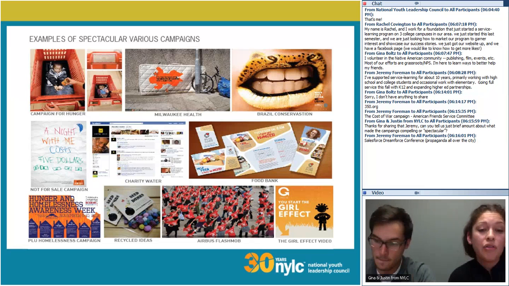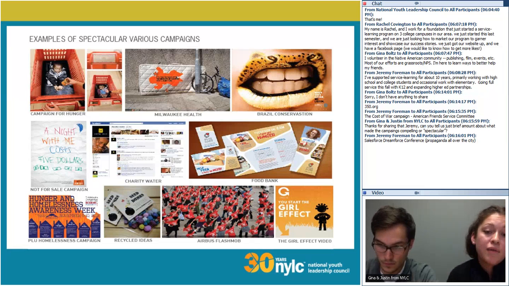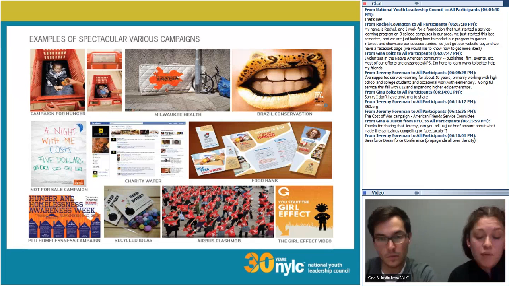Milwaukee Health took a bunch of old beds, spray painted and printed their campaign on them, about babies dying during sleep for lack of cribs. We have Brazil Conservation, which is simple photography, but very dramatic, and it pulls you in with imagery about their conservation.